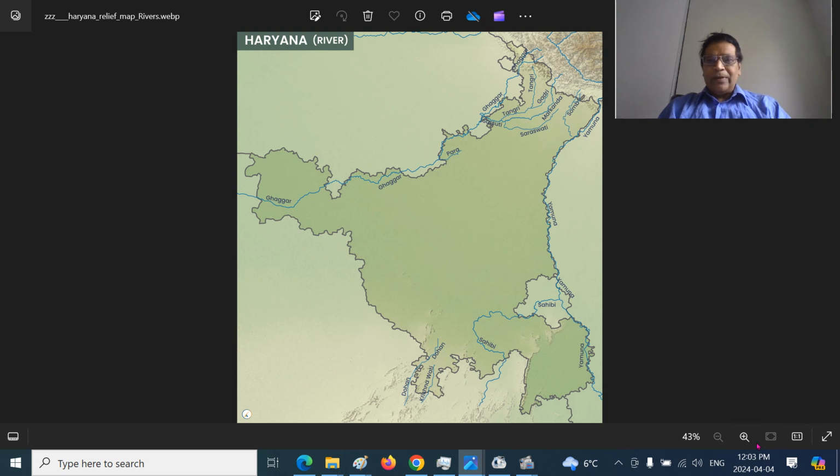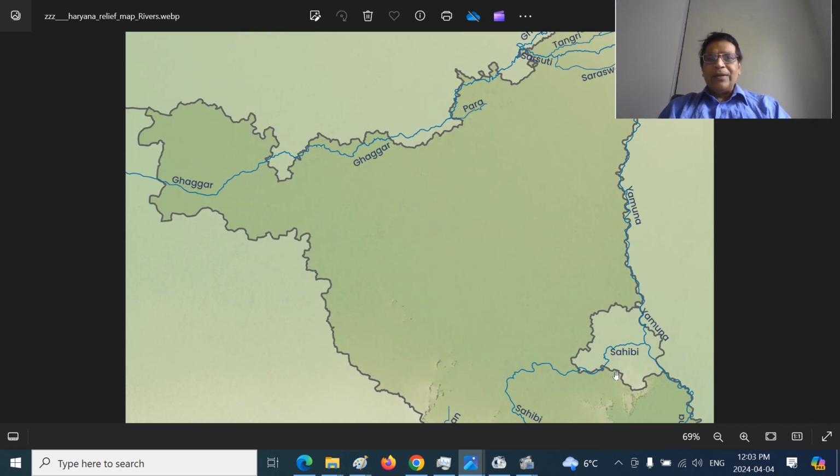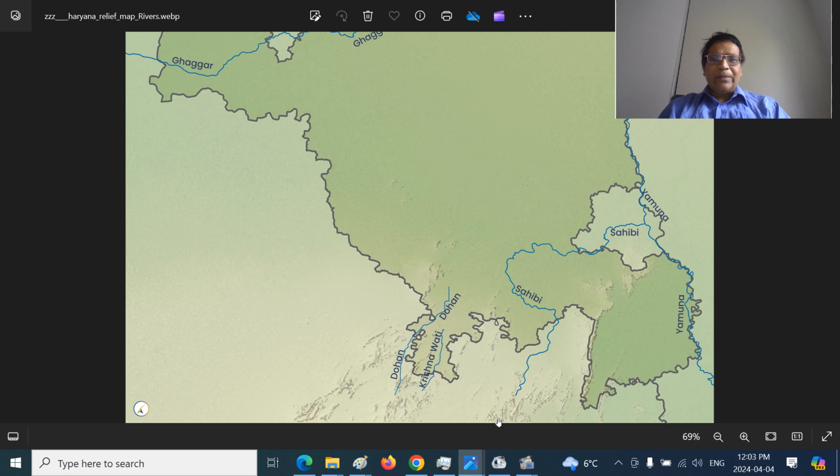You can see Sahibi River, Shibi River here. Eastern side you can see fascinating mountains. This is the Firozpur Jhirka, Nuh, and Sohna, continuing to the Delhi route. This is the Khetri hills here. This is the Dohan River and Krishnavati rivers. This is the Aravali mountains, the northern part of the Aravali mountains.